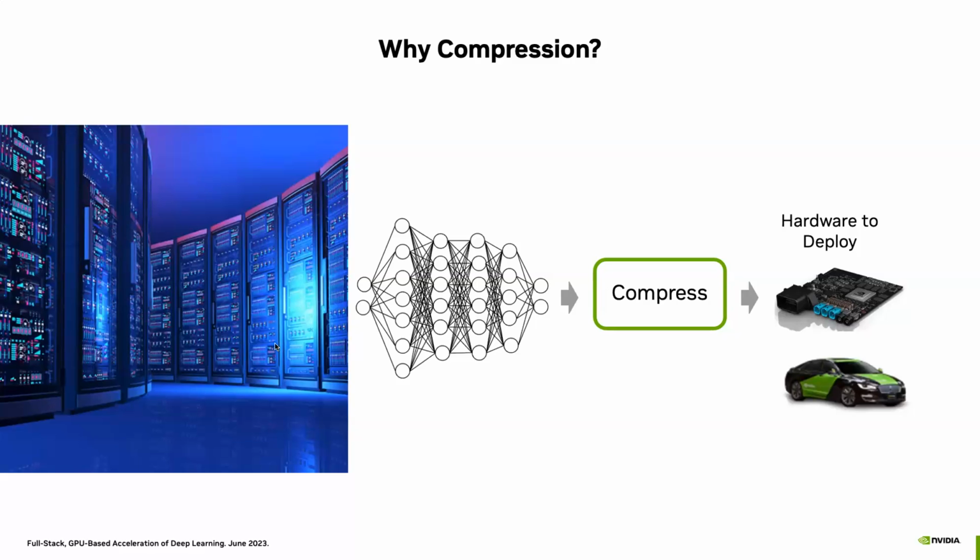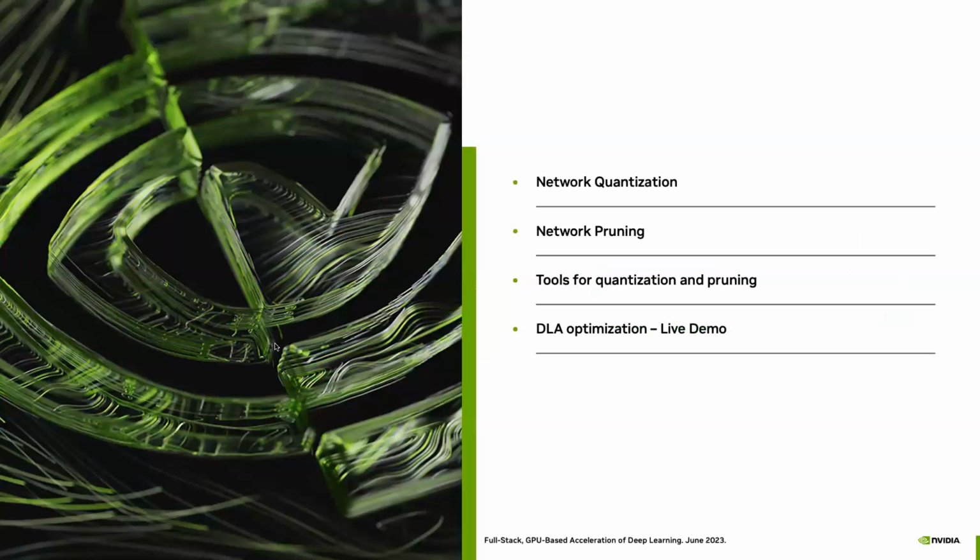For compression, I will first introduce how we can quantize our model. Quantization is a light compression technique which tries to convert the model into a different representation in bits.